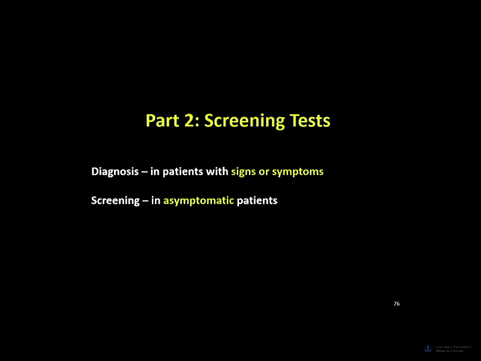Is that a screening test? Am I screening her for lung cancer? No, because she is in this upper category. She has symptoms that are consistent with having lung cancer. It is a diagnostic test. Okay. We're going to hear about lung cancer screening in patients without symptoms. That's what a screening test is.